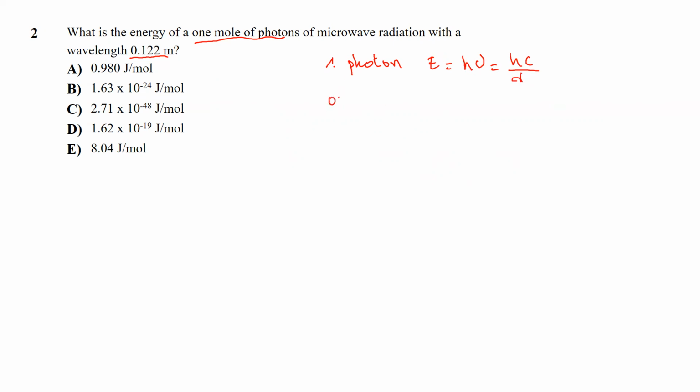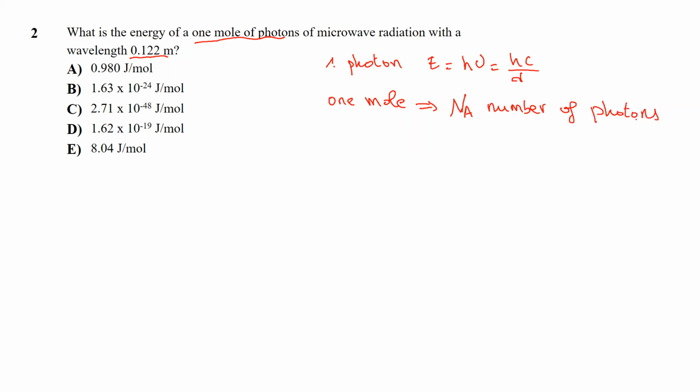If I have 1 mole, what is the number of photons in 1 mole? You need to remember the definition of the Avogadro number. So in 1 mole, I will have a number of photons.